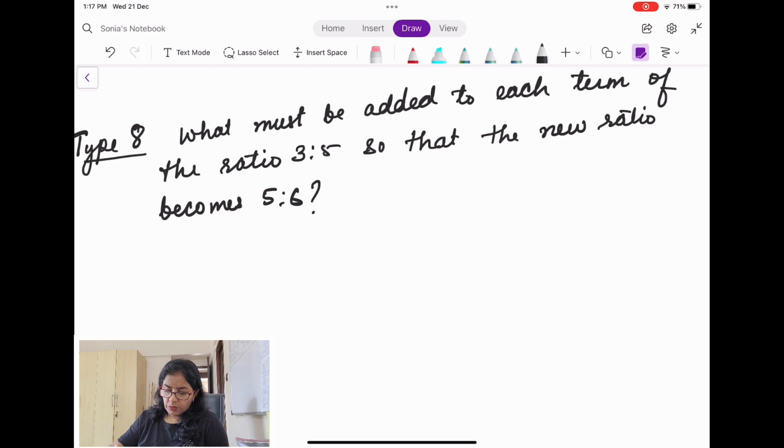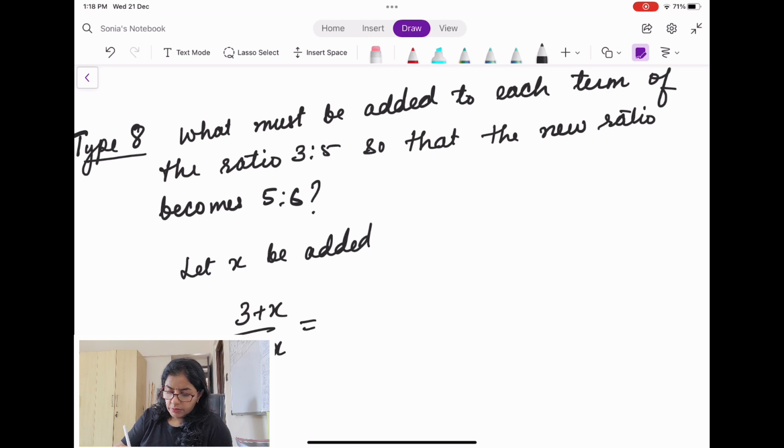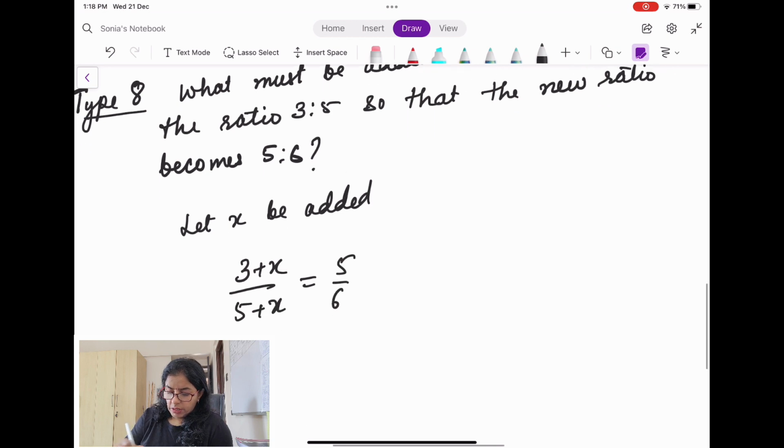Now the last type of question that we are going to deal with is: what must be added to each term of the ratio so that the new ratio is 5 is to 6. Let x be added. That means 3 plus x upon 5 plus x is equal to 5 upon 6.